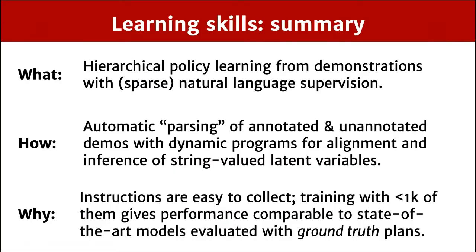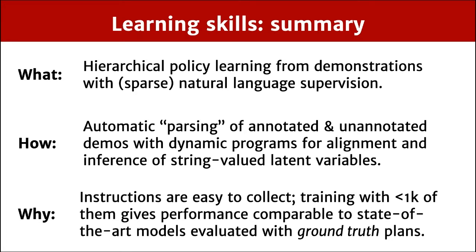Okay, so to summarize this section of the talk, what we've done here is describe how to train a hierarchical policy that reasons over sequences of high-level skills indexed by natural language strings.